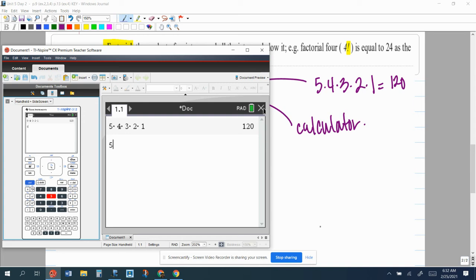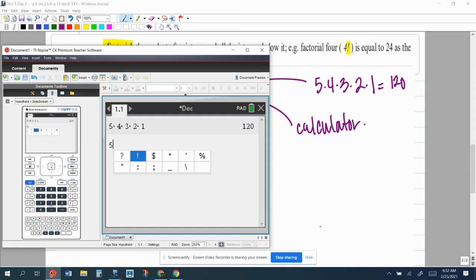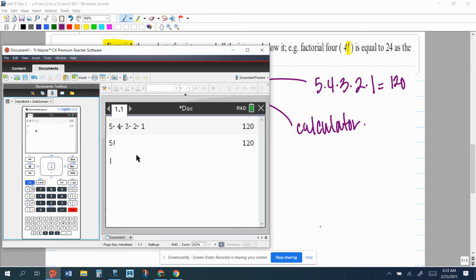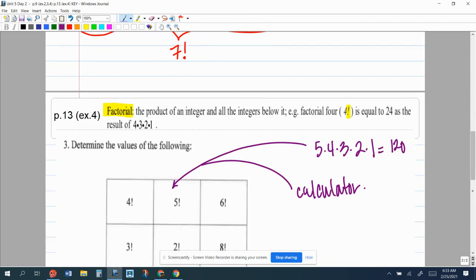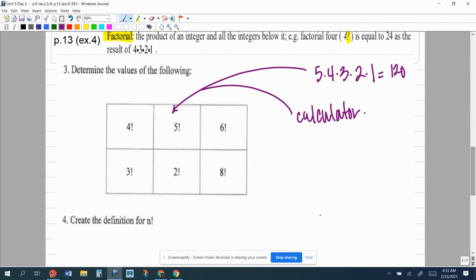There's a question mark, and you'll see there's an exclamation point right there. Give it to me. And hit enter. And so your calculator, in a much more efficient way, will give you the same value of 120.